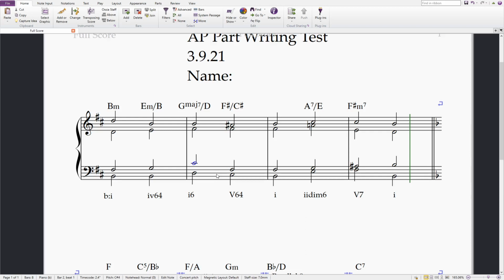If you would have put that in a lot of other places, you would have run into some real issues if you would have voice led this and spelled that chord correctly. So you don't have any major voice leading issues, but you also didn't spell it correctly. So, yep, just be mindful of that, my friend.